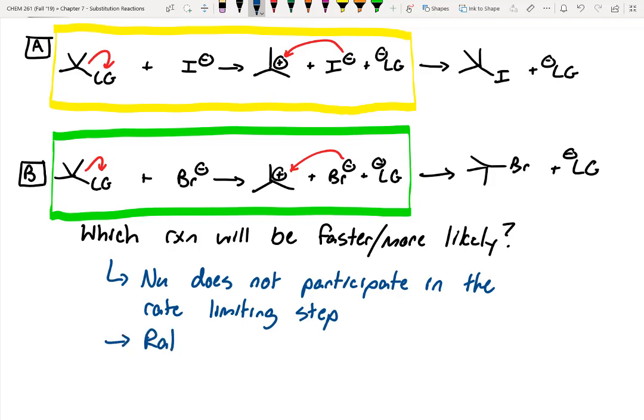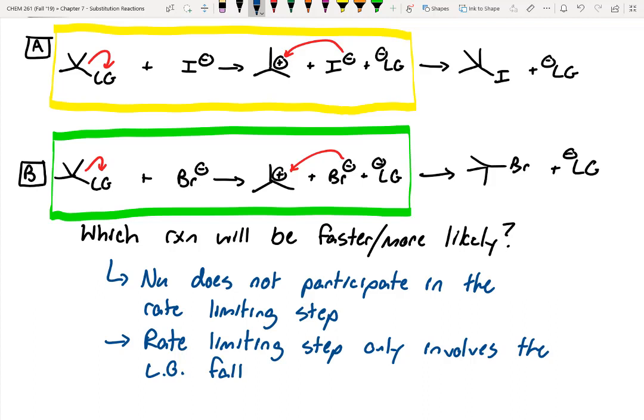The rate limiting step only involves the leaving group falling off. All right, so with that in mind, which one's going to be more likely?